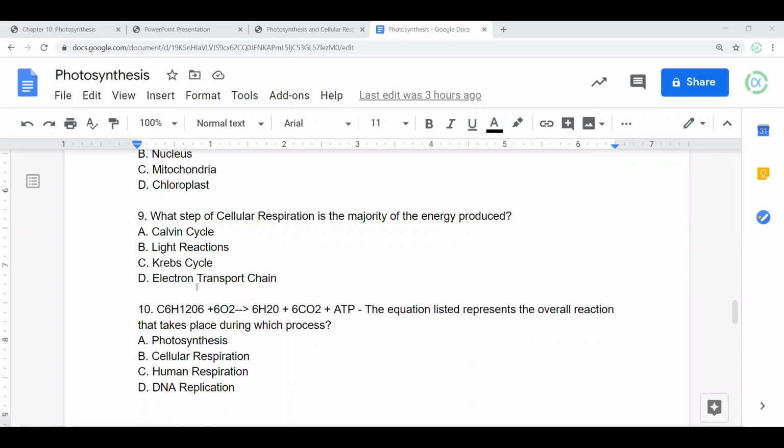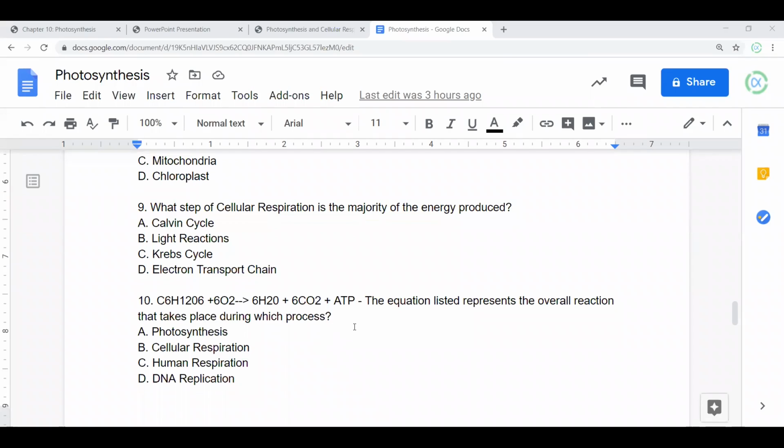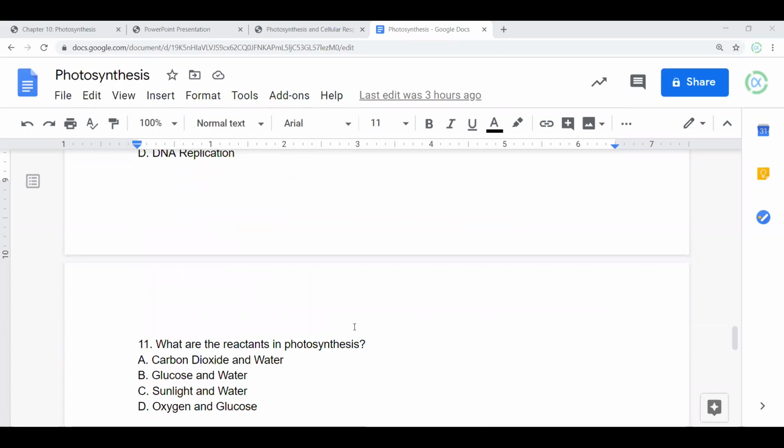All right, so the answer here was B, cell respiration. We can tell because it's using up glucose and producing ATP, which is very characteristic of cell respiration. Okay, next question. What are the reactants in photosynthesis?